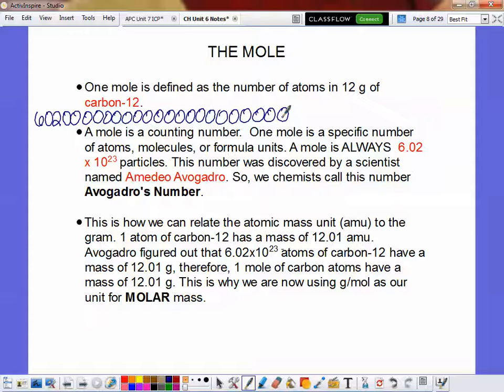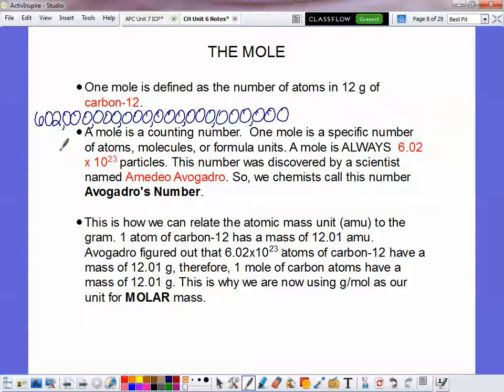It's a lot of zeros. I'll even put in the commas to make it easier. It's unfathomable how many atoms or particles are in a mole. That just goes to show how tiny atoms are.